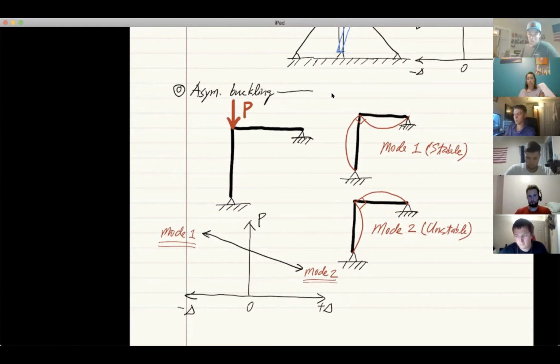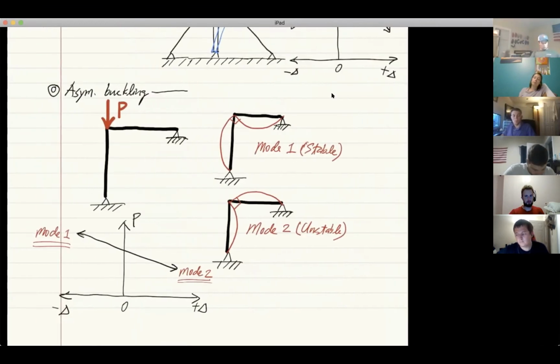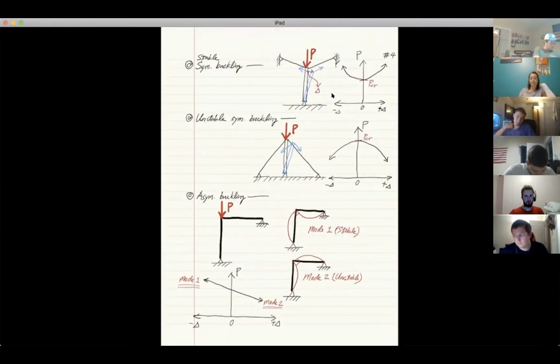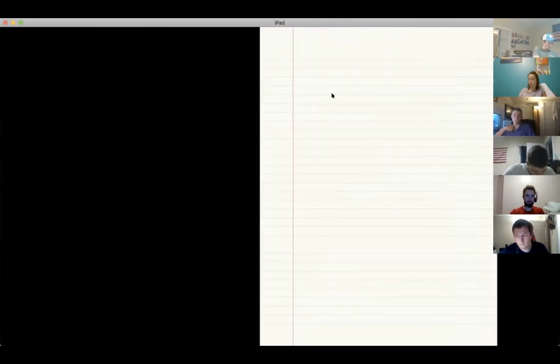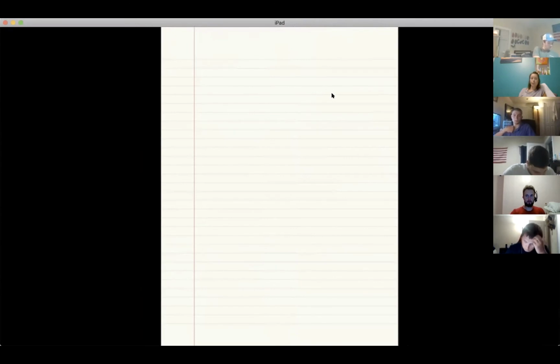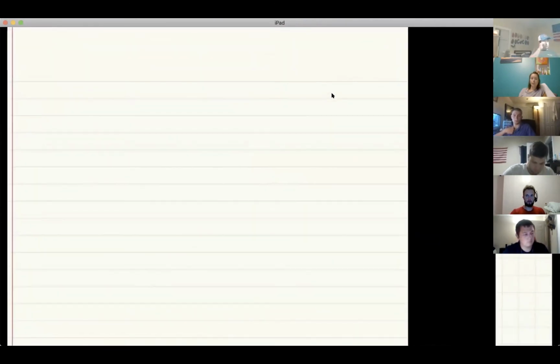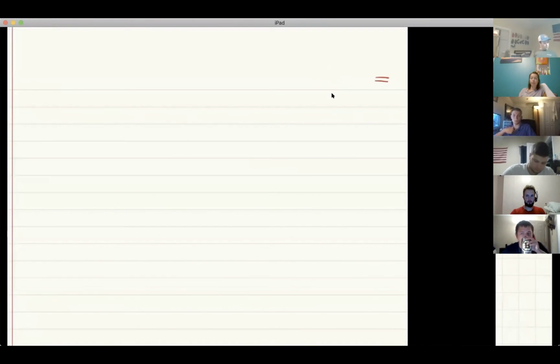But if the column member of this portal frame buckles toward the right, it will actually lead to the unstable mode 2 buckling. And let's see other examples, but of course, right now we are still in the conceptual mode. And I hope that once there are 3 other examples I'd like to talk about today, but we can. Is it predictable when mode 1 versus mode 2 can happen? Yes, that's why you are going to learn from this class. That is going to be your job.